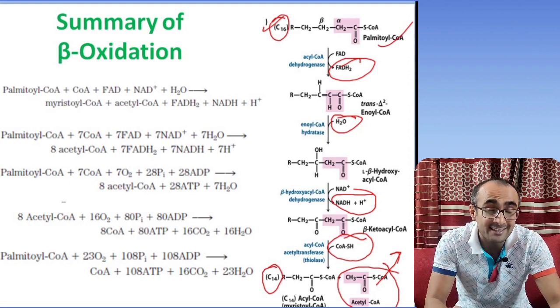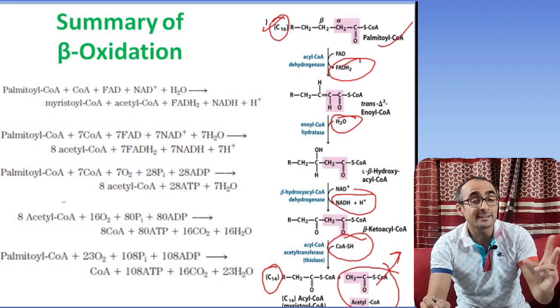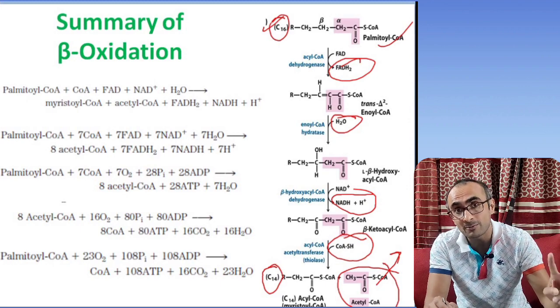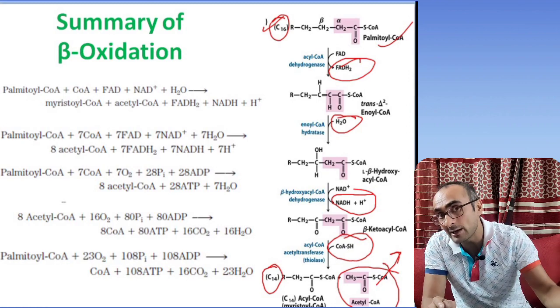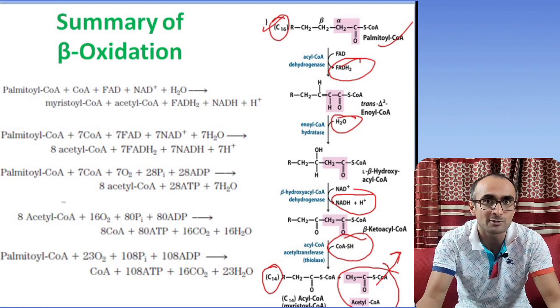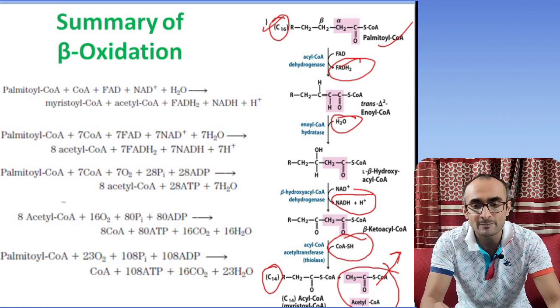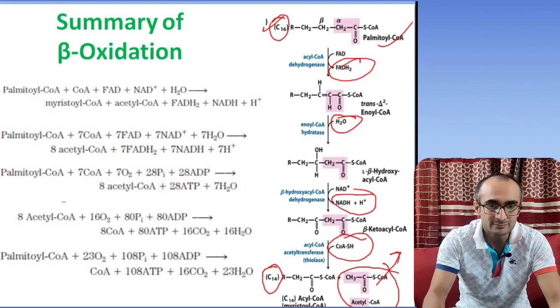and until all carbons are used, in fact you eventually have 8 acetyl coenzyme A because there are 16 carbons, and acetyl coenzyme A contains 2 carbons of the fatty acid. It means 8 acetyl coenzyme A will eventually be produced from complete oxidation of palmitoyl coenzyme A or palmitate.